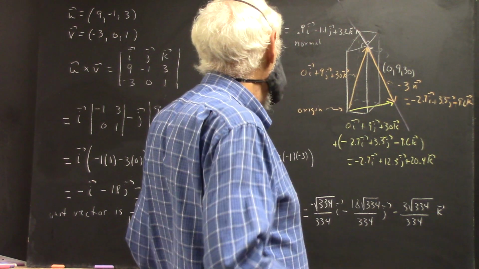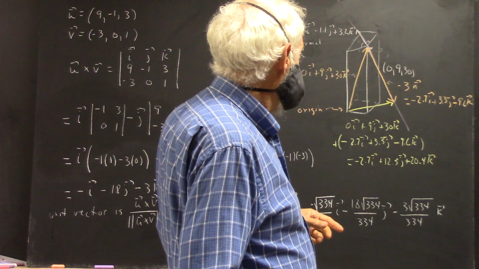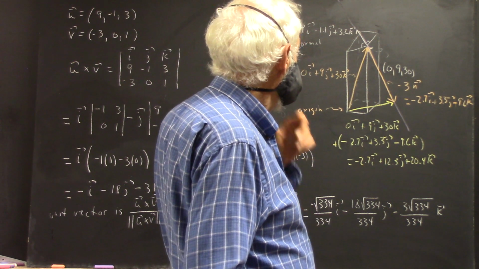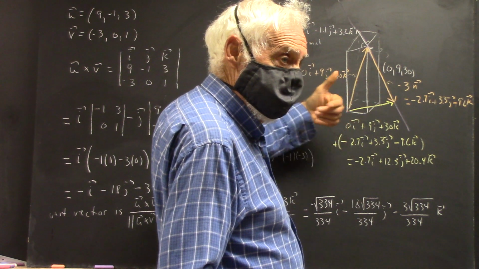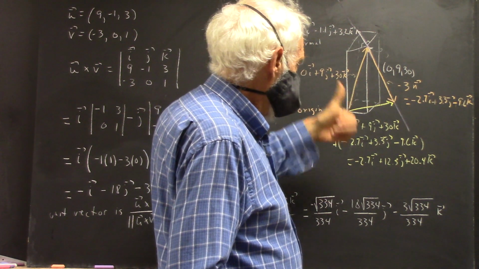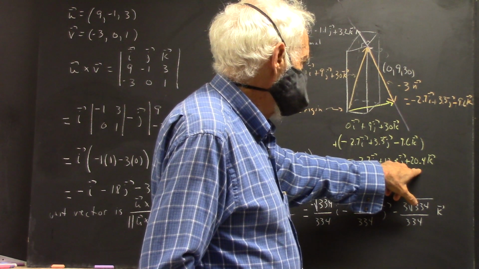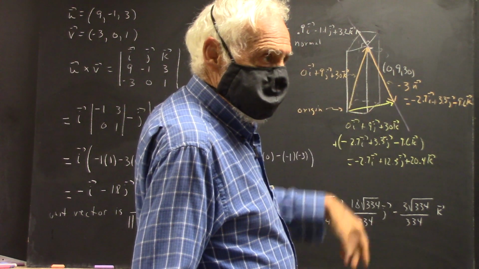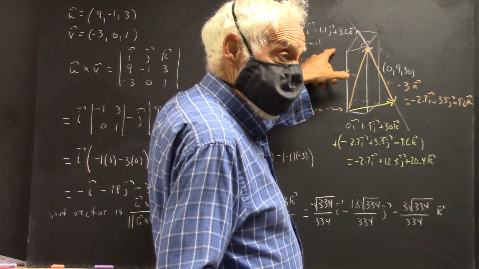The j component appears to be positive, which is consistent, okay? I got it this way. And the k component is positive. Now the numbers, the k component isn't big enough, but that's because my picture doesn't really represent this vector very well.